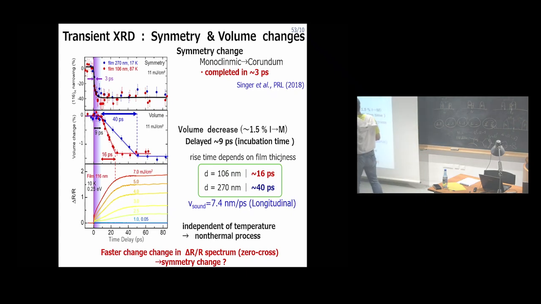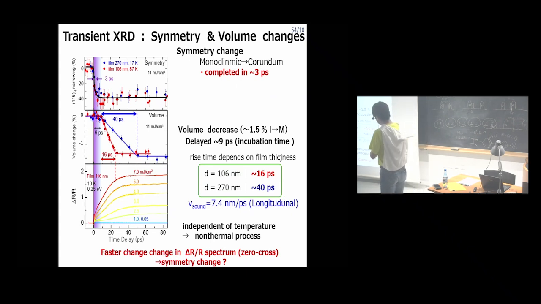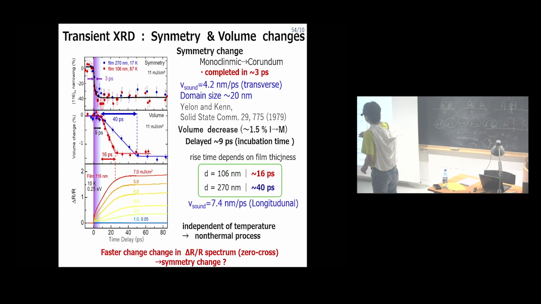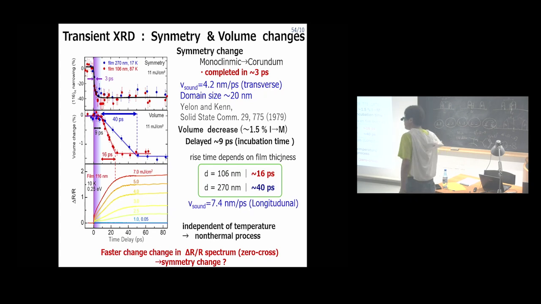There are the 16 picosecond and 40 picosecond components, which are very sensitive to the film thickness and can be explained by the propagation inside of the thin film by the longitudinal acoustic wave. And also for this process, I skipped the detail, but this time scale is very consistent with the propagation of the transverse acoustic wave in the nanodomain of about 20 nanometer.